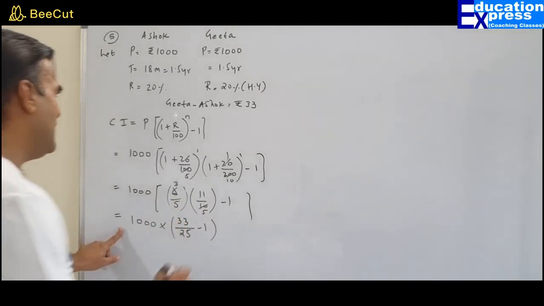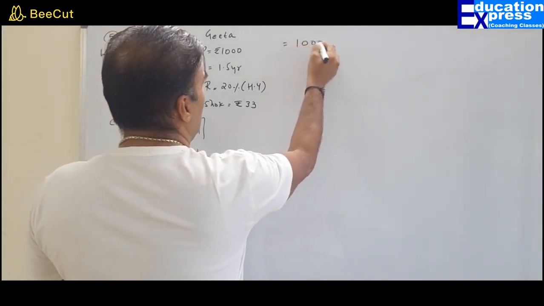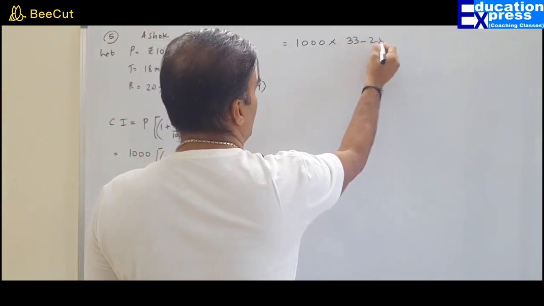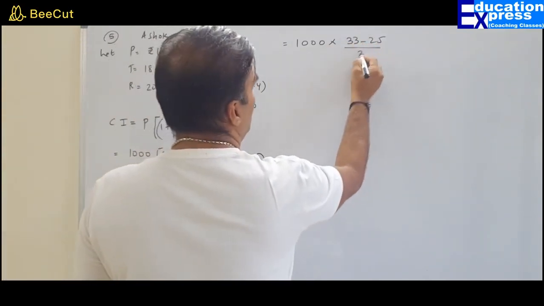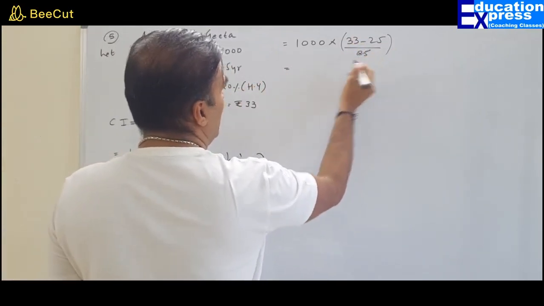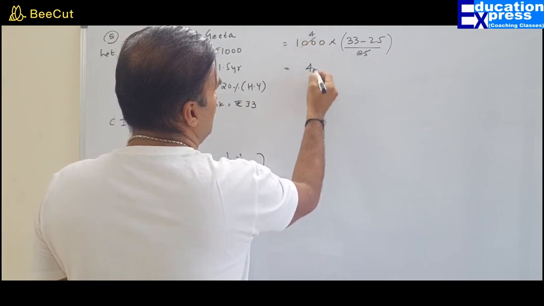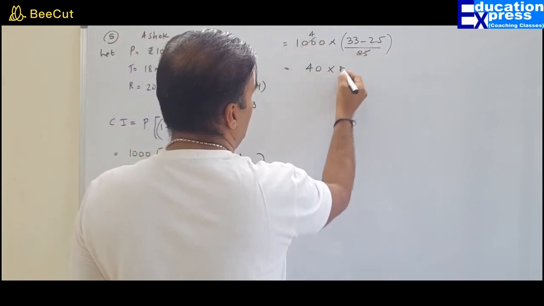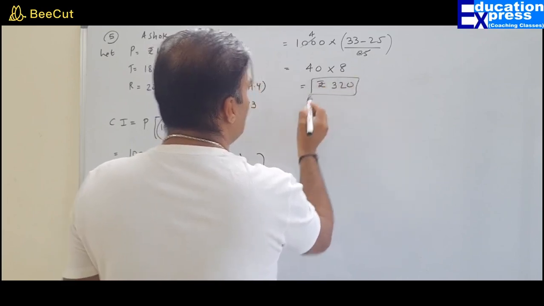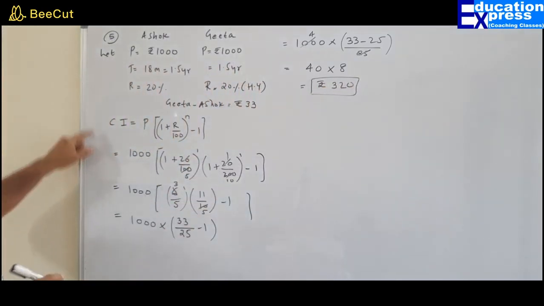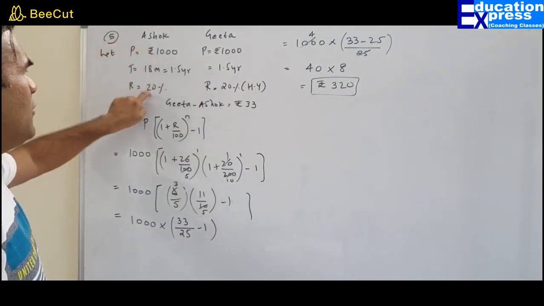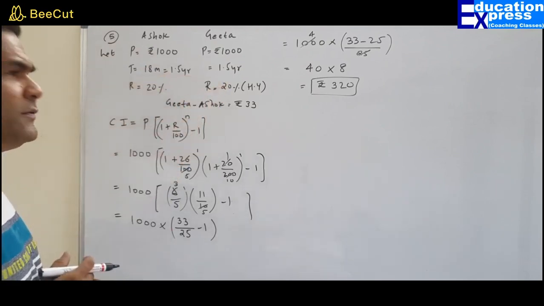So the same thing will be carried on over here. 1000 multiplied by 33 minus 25 upon 25. Can you do the calculation any further? Yes sir. 25 ones and 25 fours are 40 multiplied by 33, 8. That gives you rupees 320. What is it? Sir, this is the interest received by Mr. Ashok on 1000 rupees at 20% per annum for 1.5 years.